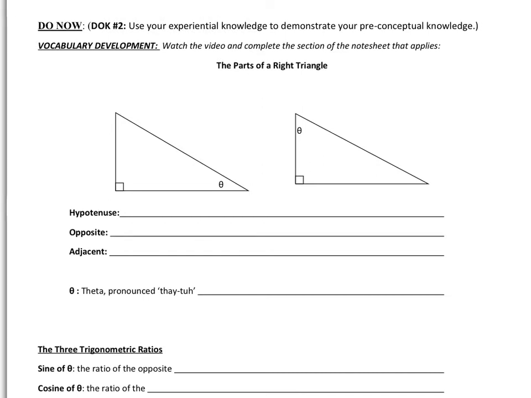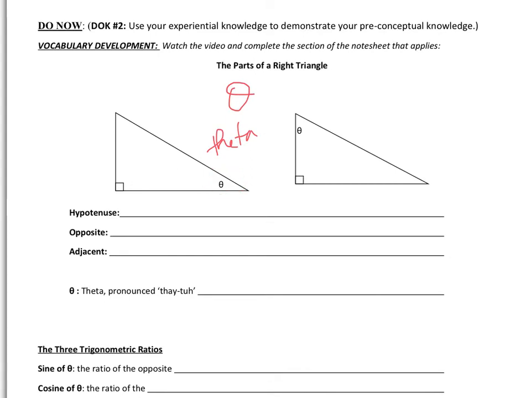Awesome. So now we are going to be looking at vocabulary development, and we're going to look at the parts of a right triangle as it relates to an angle. Now this angle right here is called theta. When it comes down to theta, we're going to talk about the different parts in relationship to theta.